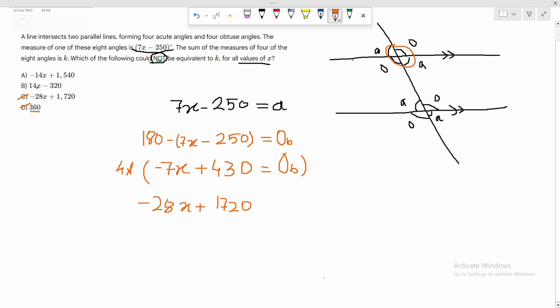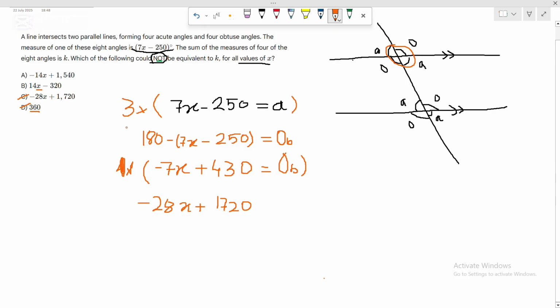Let's see option B. Here we have 14x. How can we get 14x? If it is 7x, and we multiply it by 3, it will be 21x, and 21 minus 7 will be 14. So we take the acute angle 3 times and the obtuse angle only 1 time, and the sum of them will give us 14x.